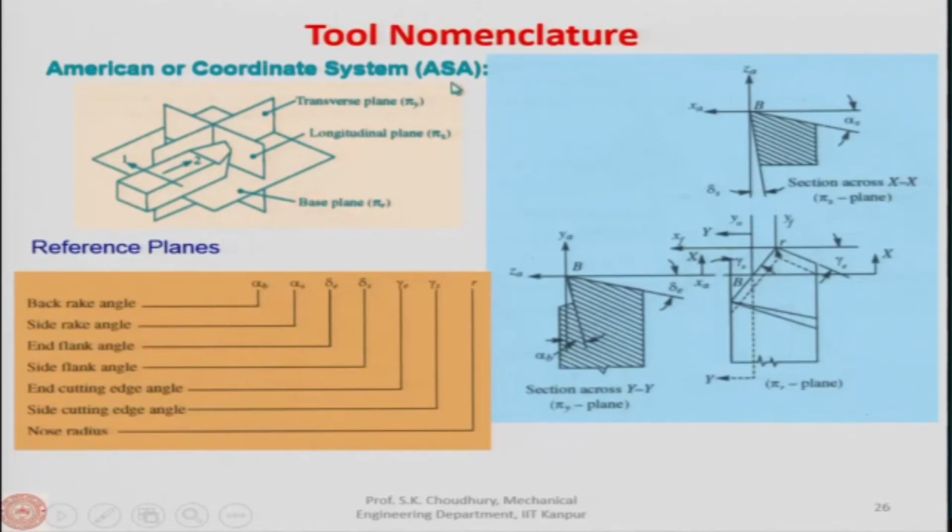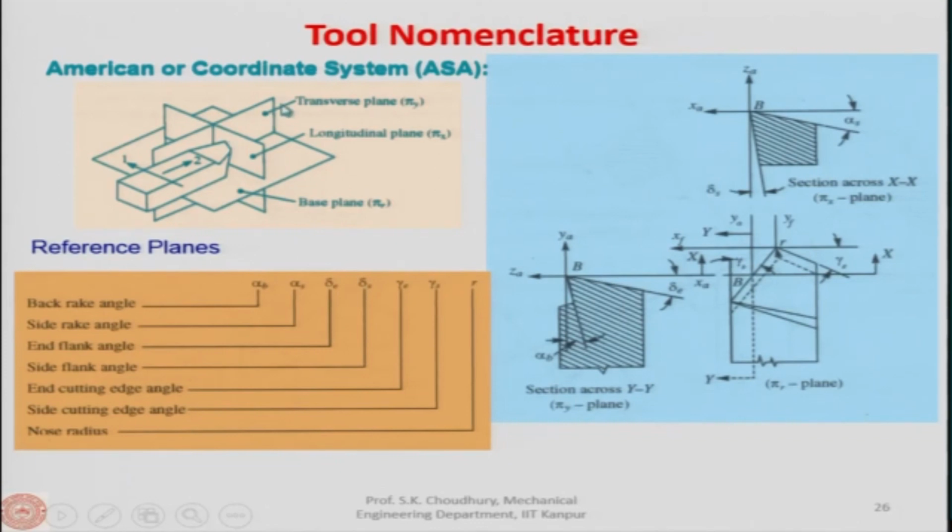So, the first nomenclature is in the coordinate system. This is expressed in the coordinate system, where x, y, z coordinates are used. Let us say this is the base plane. Base plane is the plane where the tool is rested. Now, with respect to the base plane, there are 2 perpendicular planes.